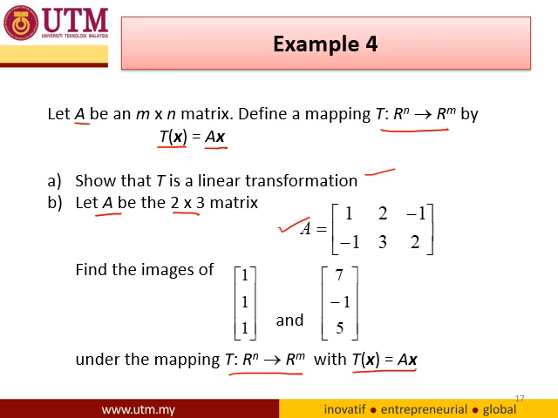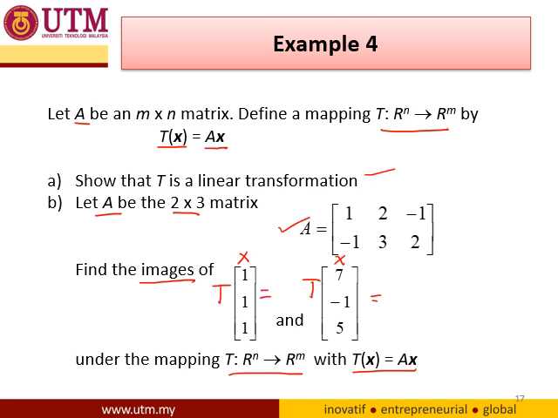So they give you the pre-image, right? They want you to find the images. So this is your x. They give you 2 x's, so you need to find the transformation of these.